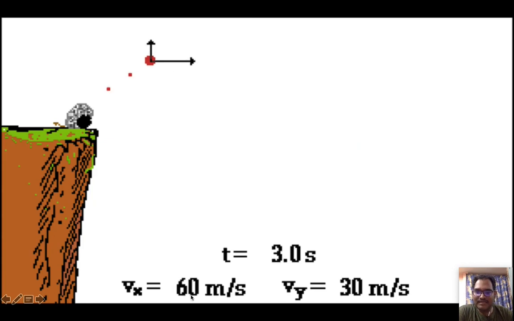Okay, so it is 60 meter per second at the starting point, and even when it reaches the end point, you will be able to find that it is again 60 meter per second. So that is a very important take from this particular slide. Your horizontal component of velocity in a projectile will not change at all. From the starting point to the ending point, it is the same value.